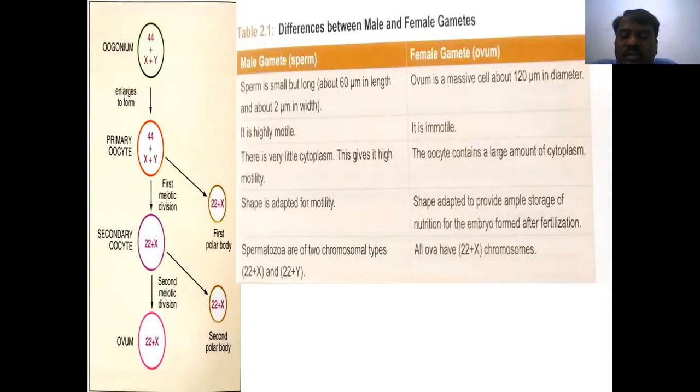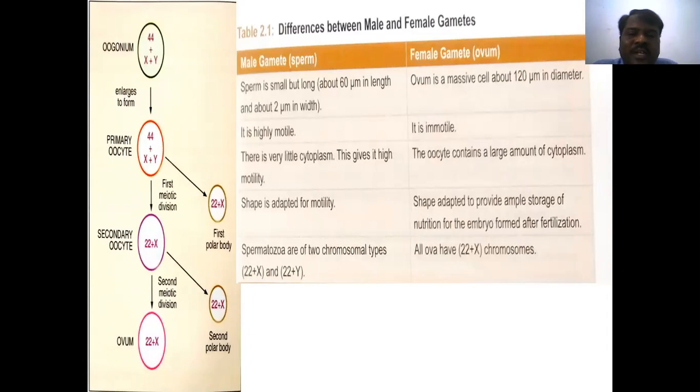Then the secondary oocyte goes to the second meiotic division, and another ovum forms, 22 plus X, along with a small secondary polar body. When we identify the second polar body in the perivitelline space, that ovum is fertilized. If it is not found, that ovum is not fertilized. Remember this.